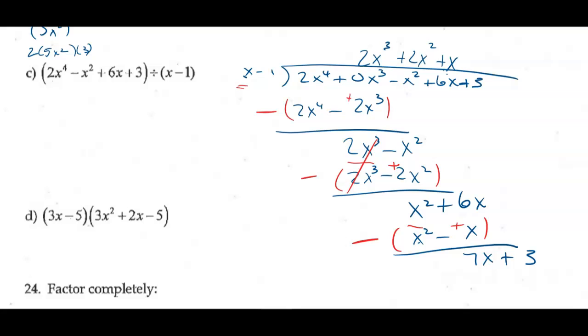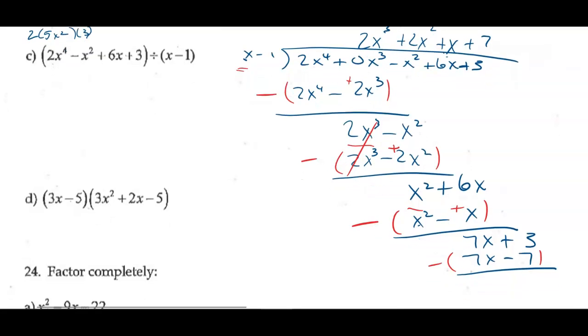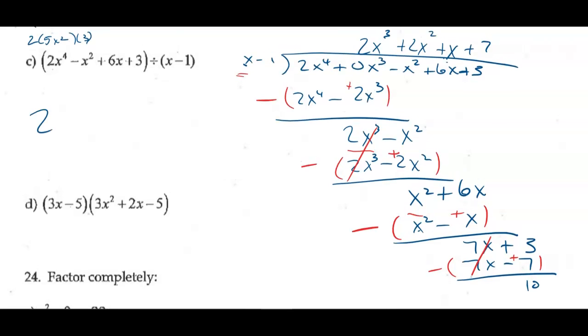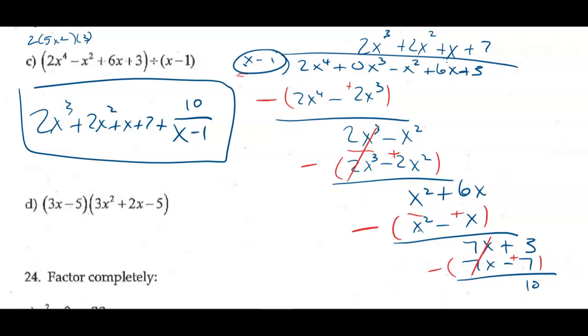The last term's a 3, so I just need a 7, minus 7. We're subtracting. Cancels, that becomes plus. That gives me 10. So here's my answer, with the remainder over x minus 1. That's how you do your long division.